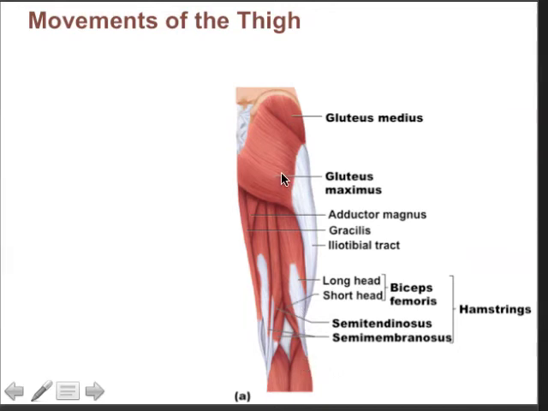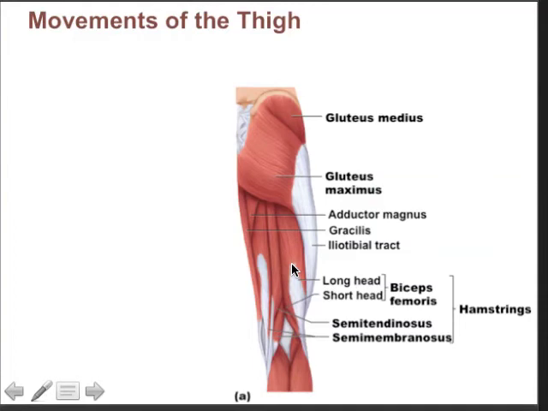Okay, the gluteal muscles, the medius and the maximus, are important in extending and hyperextending the leg. So very important muscles used in walking. If you've ever heard of somebody getting a pulled hamstring, that basically indicates that we've strained the tendons in one of the three muscles in this group: biceps femoris, semitendinosus, or semimembranosus.